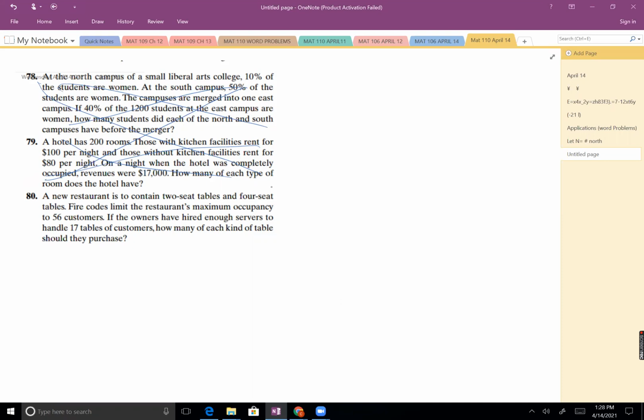Yeah. So what are we looking for here? How many of each type of table? Yes. So can I let T equal the 2-person table? And F equal the 4-person?